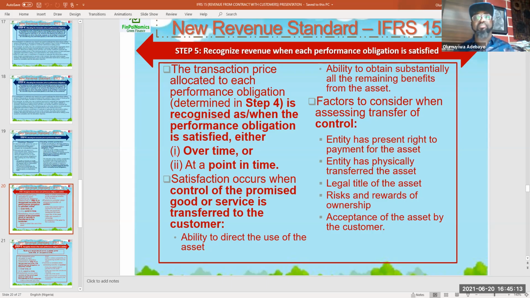Let me give you an example. When it comes to purchase of goods in another country, there is an agreement that might say, free on board, or what we call FOB.